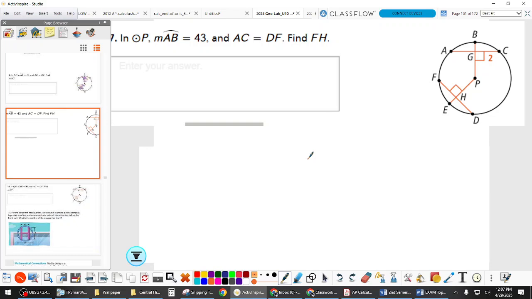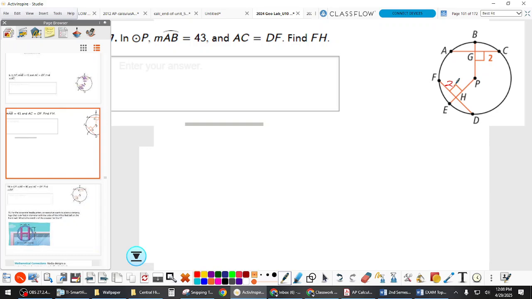GC is 2 and they're the same. Oh, yeah, sorry. GC is 2. Well, AC and FD are congruent, we were told. And since GC is 2, that can be 2, but we have to know that the radius bisects the chord. Remember that theorem?